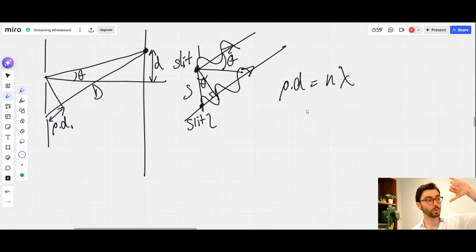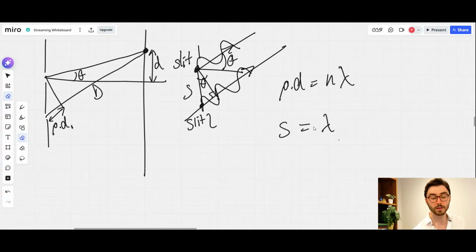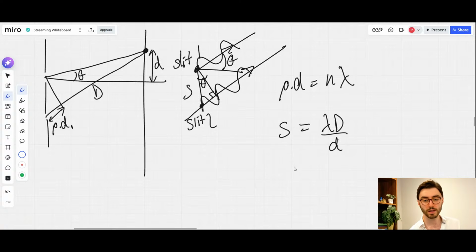So what we have here is you end up finding the slit separation is lambda d over s. No, am I getting this totally wrong? Hold on. Textbook, sorry, going off the top of my head, and it is not working. Why is this not working? Yeah, lambda D over big D. So depending on how you define these things, I've seen this for the IB, where width is equal to lambda D over s.